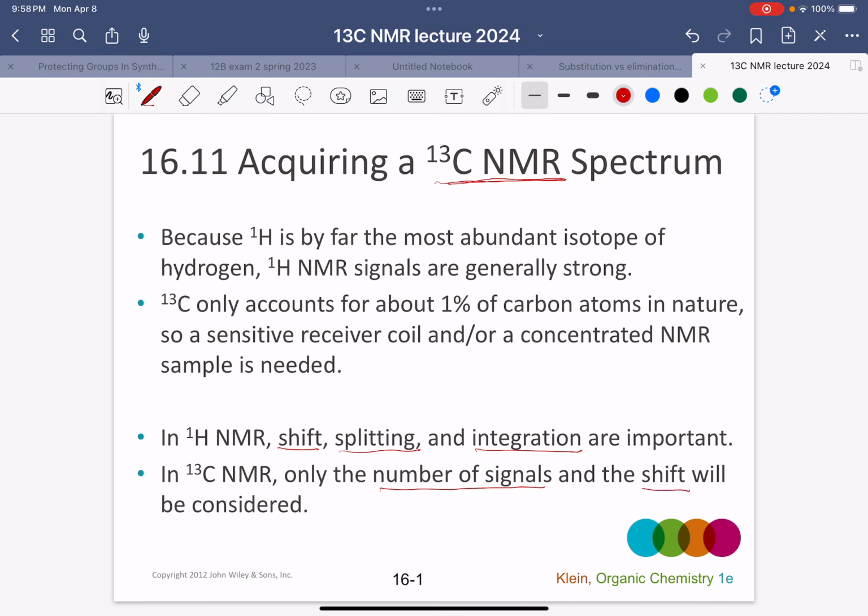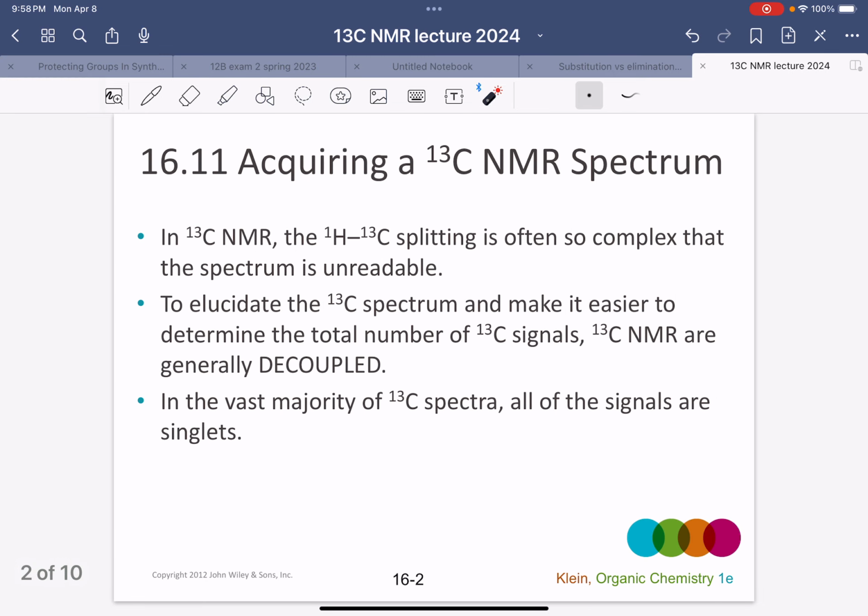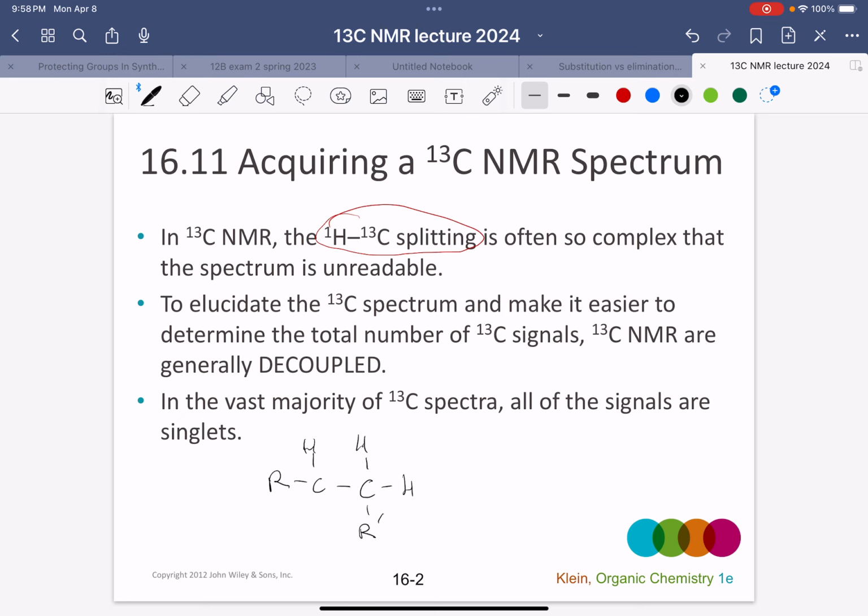Now, why is that? Well, if we had a carbon-13 spectrum, and we didn't do anything else to it, we would get proton-carbon splitting. There would be splitting from protons attached to carbons. So let's say we had a carbon with a hydrogen, and then maybe attached to another carbon with that hydrogen, that's attached to other stuff.